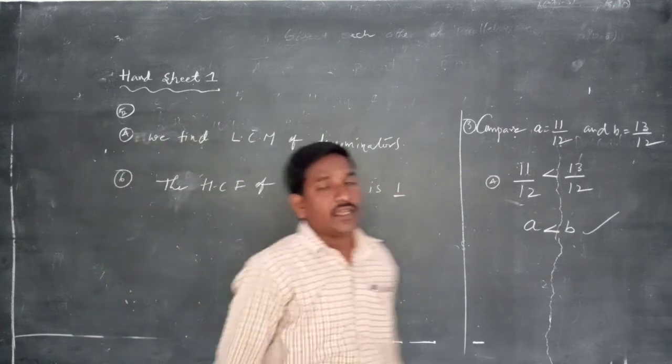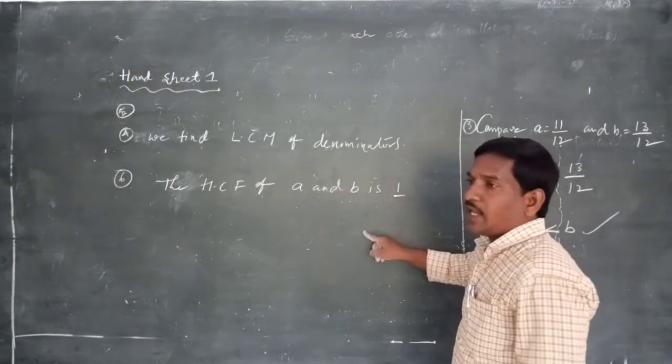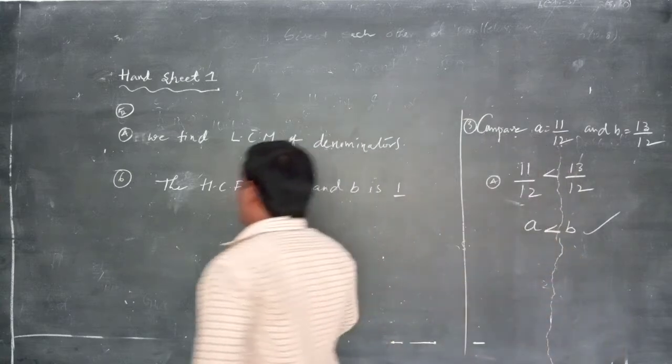If the HCF of A and B is 1, A by B is the lowest form of A by B.